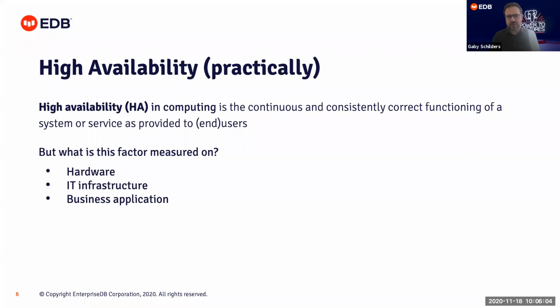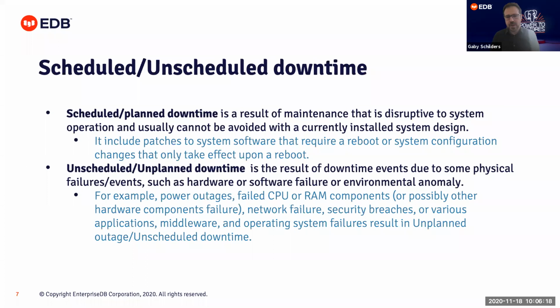But first, I want to take you through some of the things that influence high availability, independent of what the item is that you're measuring on. And what we're looking at here is a split into two categories of interruption of service. One is a scheduled or planned downtime, which results, for instance, from maintenance or other operations that cannot be done while the system is running, is active.